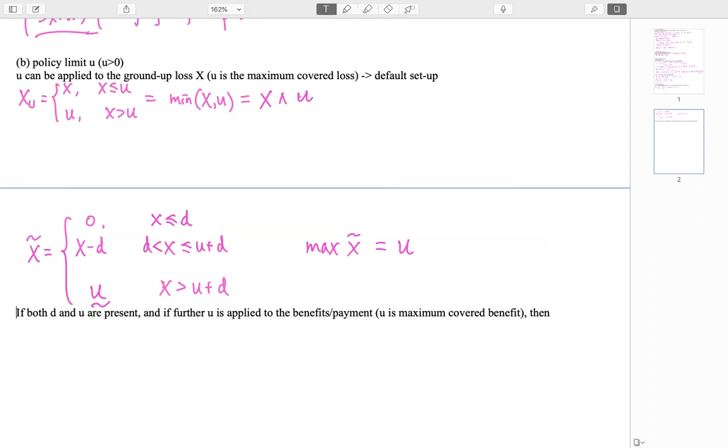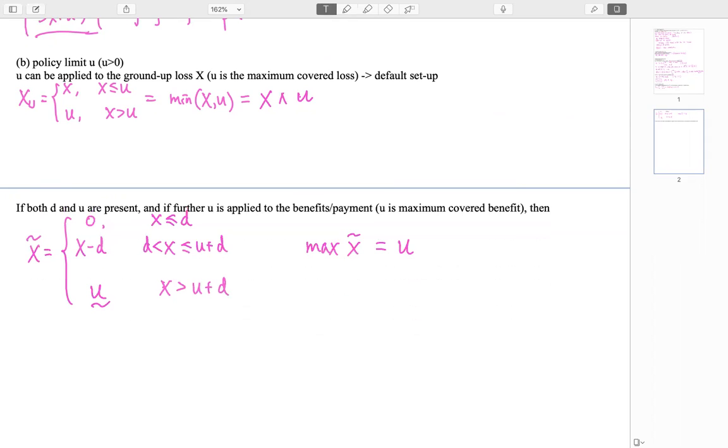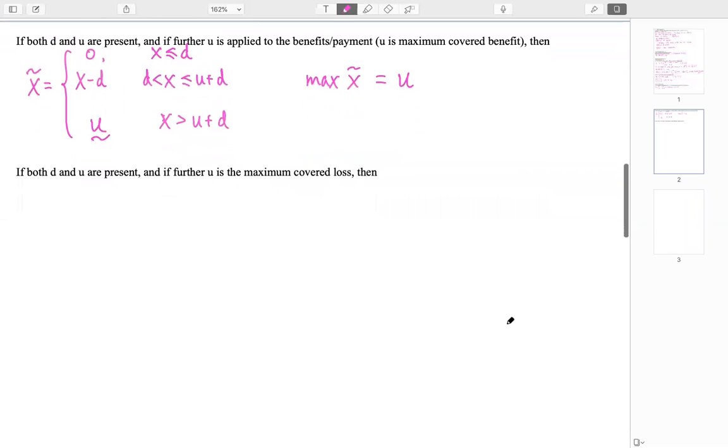However, if this is applied to the ground up loss, let me introduce both. If both D and U are present, and if further U is the maximum covered loss, then we have things different. In this case, the first piece is obviously the same.